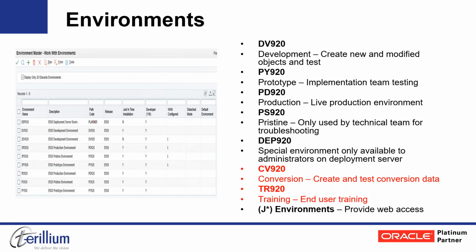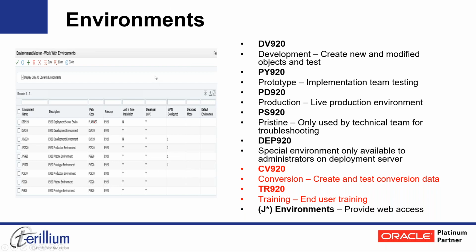Along with the path codes, we match those up with environments. You can see here on the left our different environment names and how they line up to our path codes. So even the development path code and environment have the same name. This can make things easier and a bit more confusing within the JDE system.